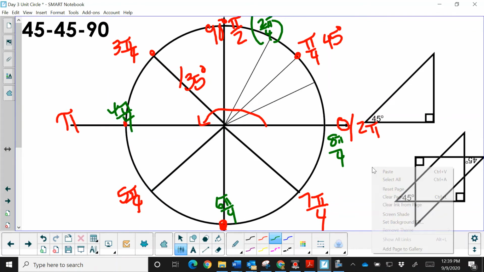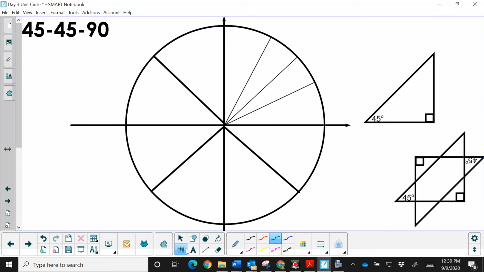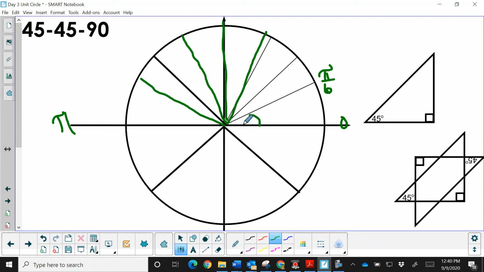Now let's go back and talk about the pi over 6, or the 30 degrees. Okay, this is 30 degrees, which is 1/6 of pi. Well, where are we getting that 1/6? I'm going to take from 0 to pi, and I'm going to divide it into 6 parts. 1, 2, 3, 4, 5, 6.